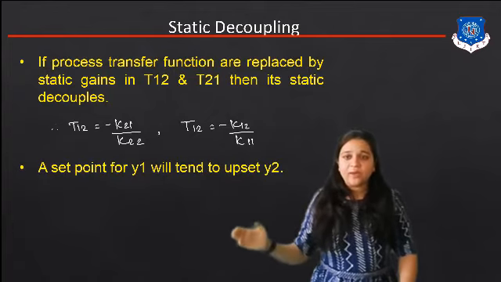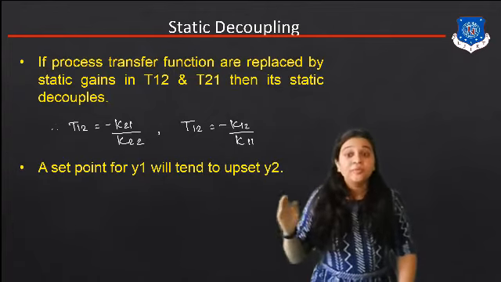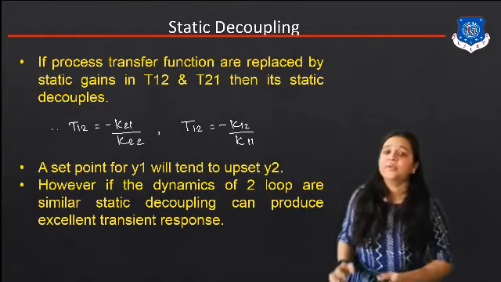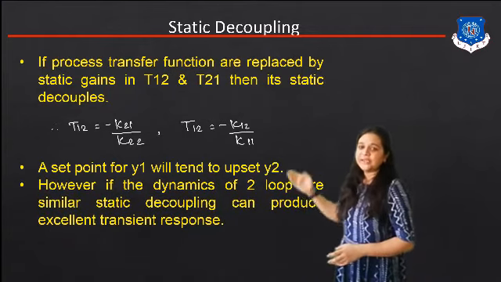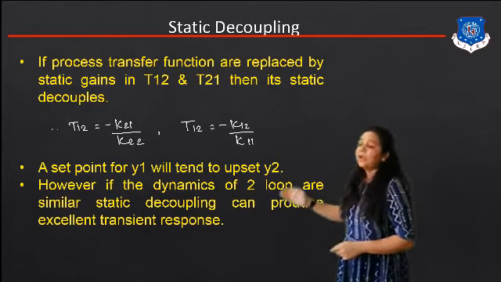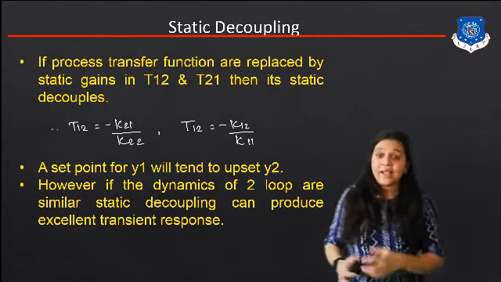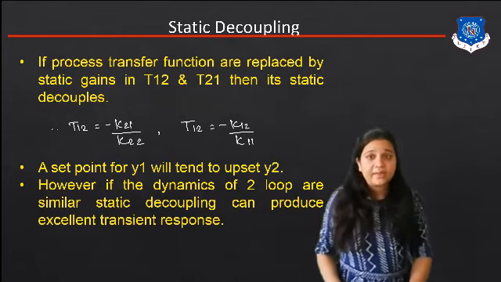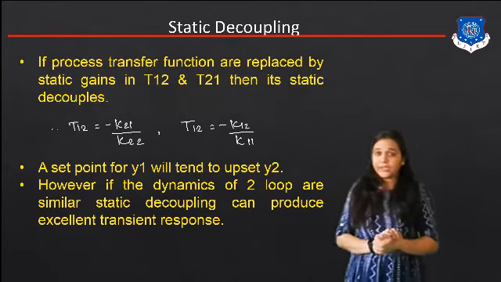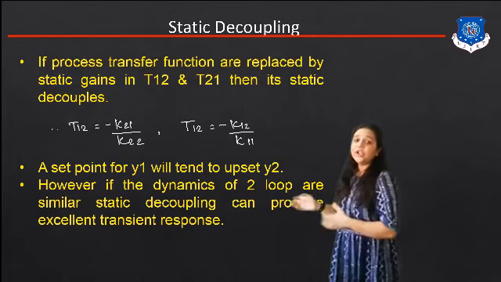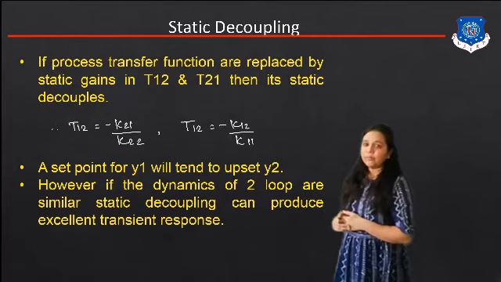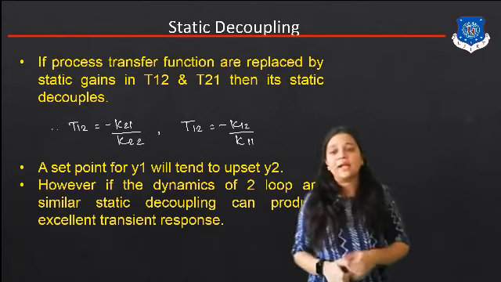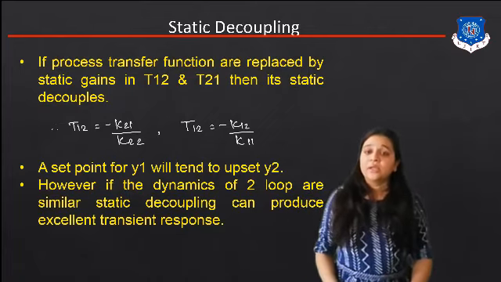So a set point change in Y1 will tend to upset Y2. However, if the dynamics of the two loops are similar, static decoupling can produce excellent transient response. So this is the advantage of static decoupling: if the dynamics of the two loops are similar, it can produce excellent transient response.